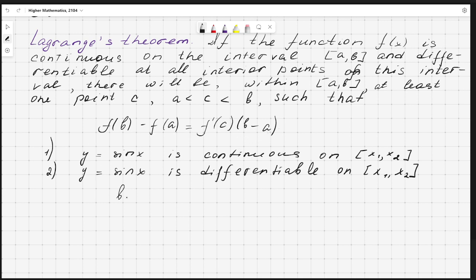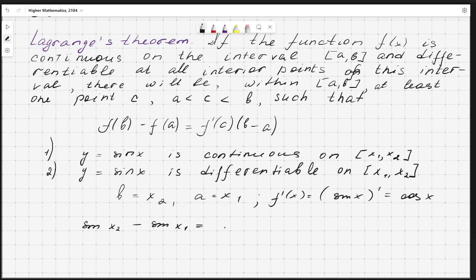b is x second, a is x first. It means we have sine of x second minus sine of x first equals f prime of c. The derivative of sine of x is cosine of x, so f prime is cosine of c, c an interior point, times x second minus x first.